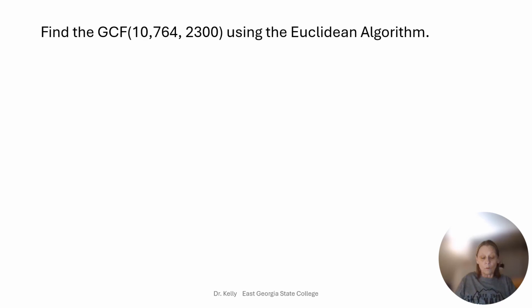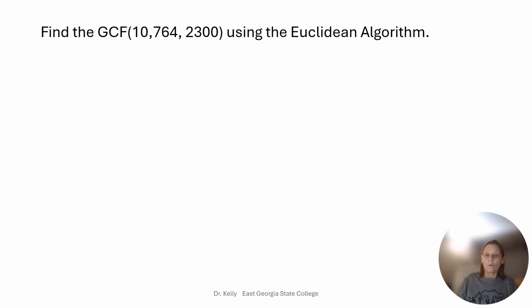Okay, so here we're going to find the GCF of 10,764 and 2,300 using the Euclidean algorithm. This is the way you generally use it in practice.